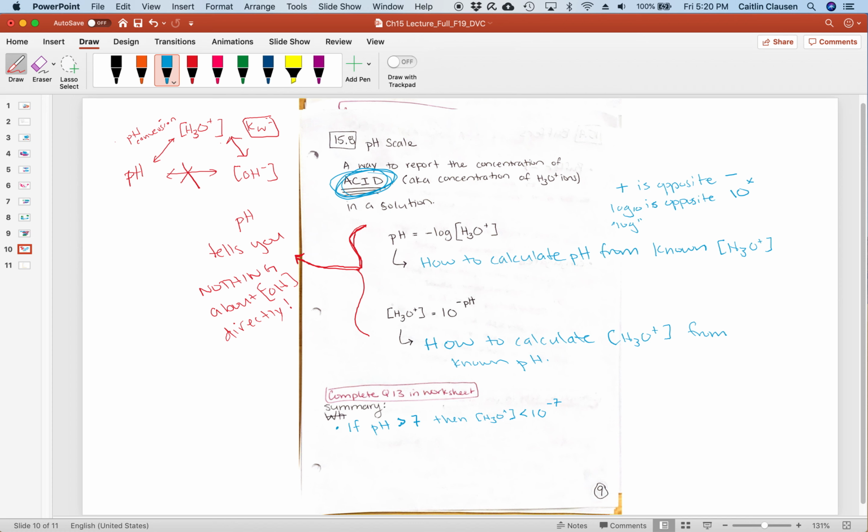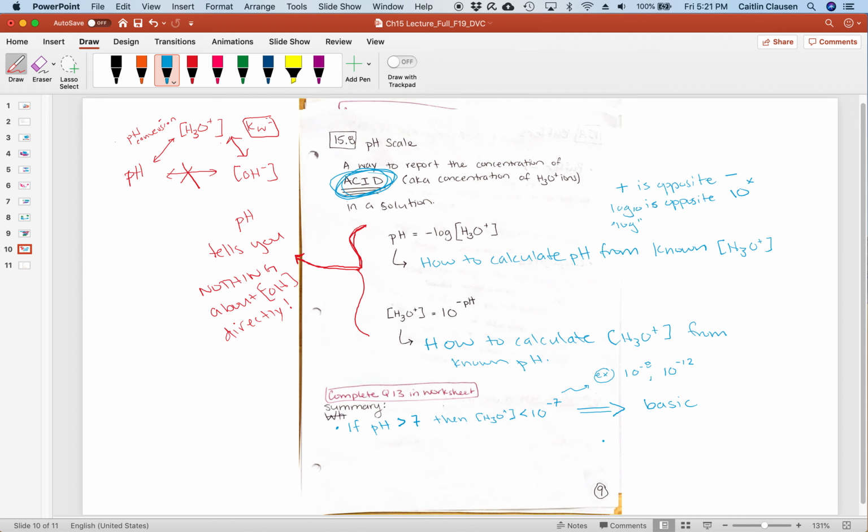So pH greater than 7, some examples, we'd go to 10 to the minus 8. Remember, negative numbers, the bigger you get, the smaller they are. And that meant that the hydronium, the acid, has a very small concentration, so we would call this basic.